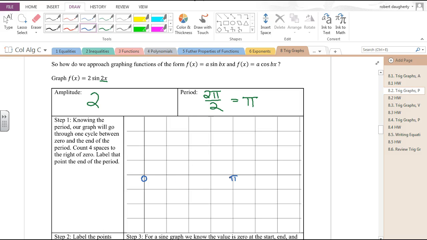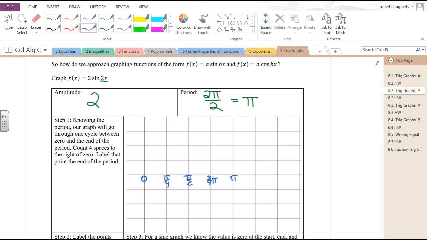Pi over 2. So I'm going to call this pi over 2. Okay. What's exactly between 0 and pi over 2? What happens when you cut this in half? That's pi over 4. Okay. So each of these is 1/4. So this is 1/4, 2/4. What is this? 3/4. Okay. So you completely label everything, and now we're ready to graph.